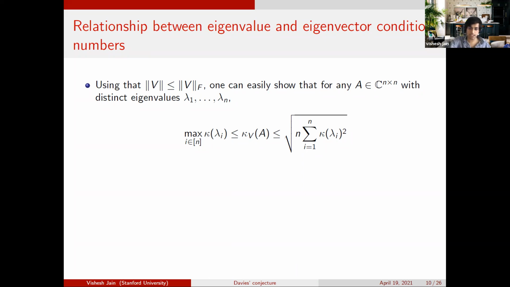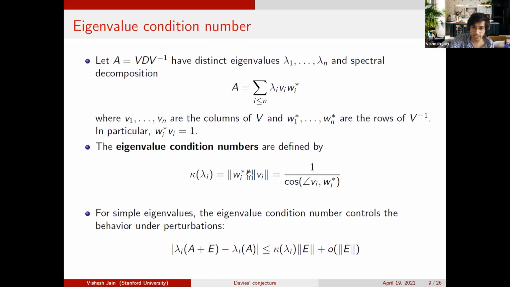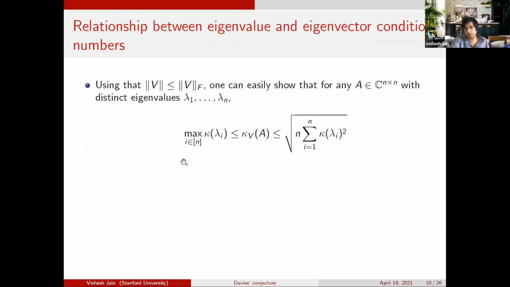Recall the eigenvalue condition number; forget about w_i star. v_i is just a column of your matrix, so if you take the Frobenius norm, you end up with v1 squared plus v2 squared plus v3 squared and so on. If you do the normalization correctly, using the fact that the operator norm is less than the Frobenius norm, you can deduce that the eigenvector condition number and the eigenvalue condition number are polynomially related, with some polynomial factor in n.